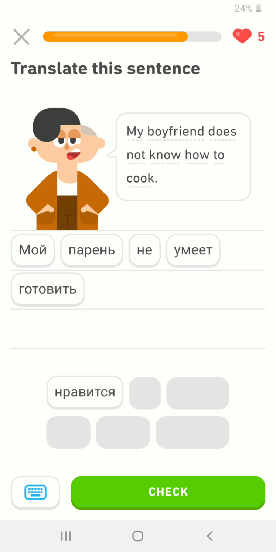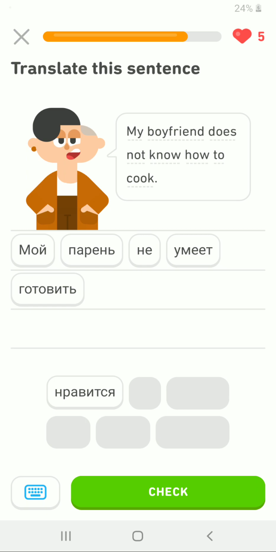If you know how to do something, it's like you have a skill, right? But in Russian they don't say you can, я могу, they say умеешь. So I can do this, I can do that. That's how they say it. They don't say I know how to do this.